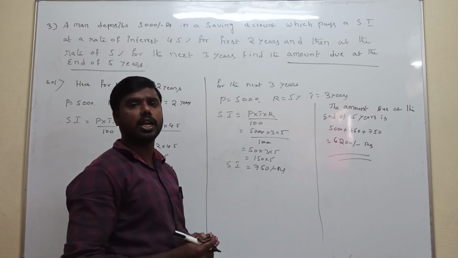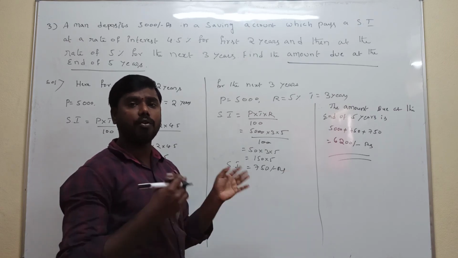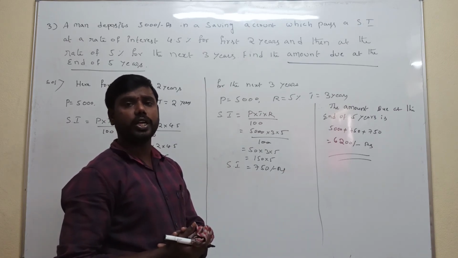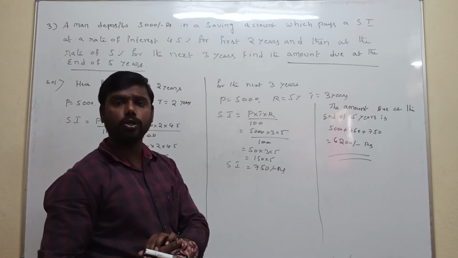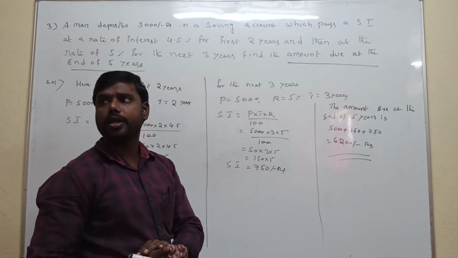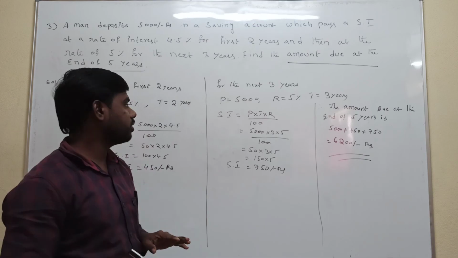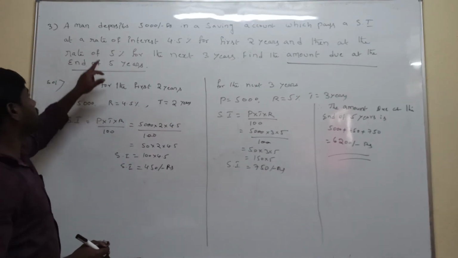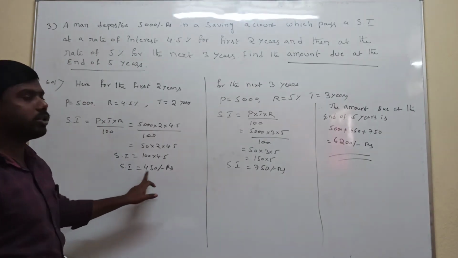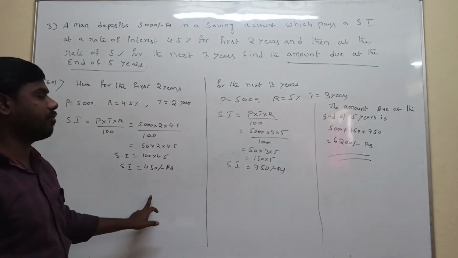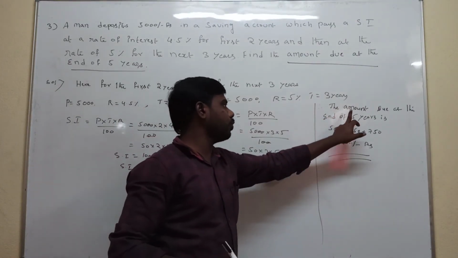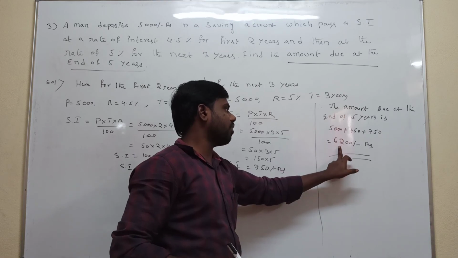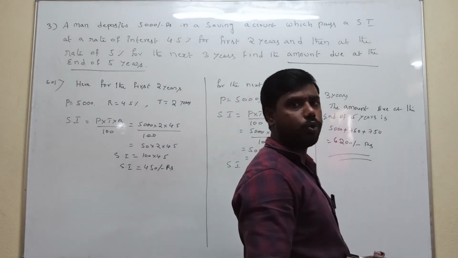Here also we calculate simple interest. After that, we calculate the total principal amount plus both simple interests. Finally, the amount due at the end of the 5 years is 6,200.